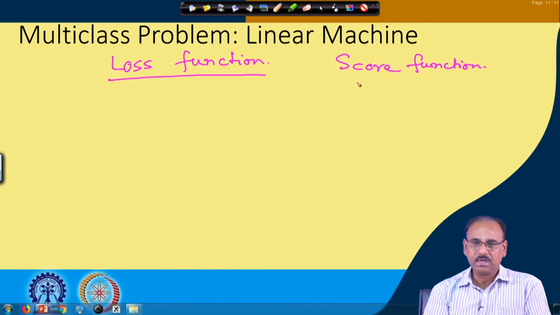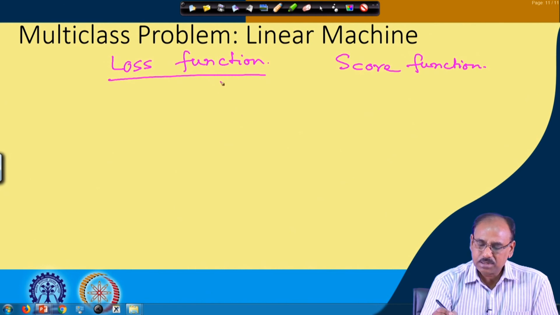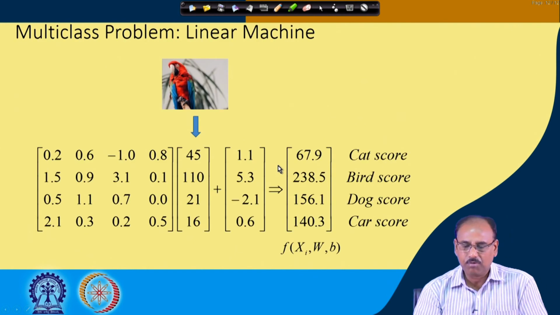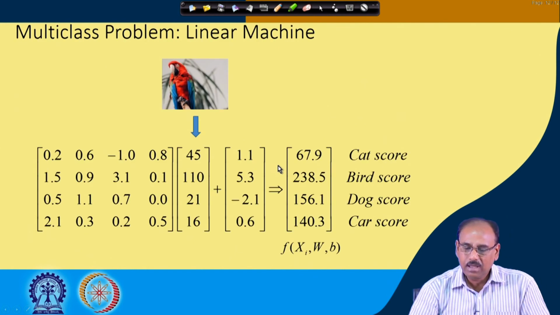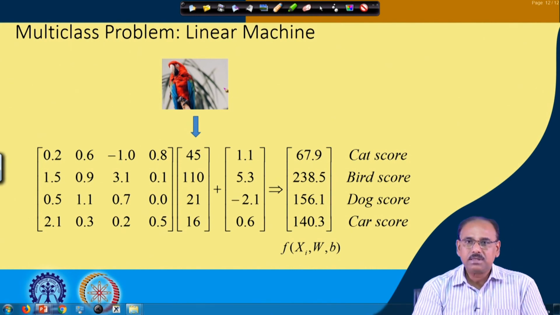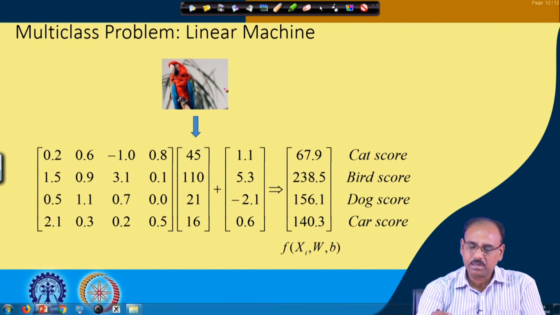And by updation, I should be able to tune the parameters so that I get a correct classification. Okay. So, before I define this loss function, I want to show this with an example. Here we have taken an image, and this image is flattened out to convert it to a vector.